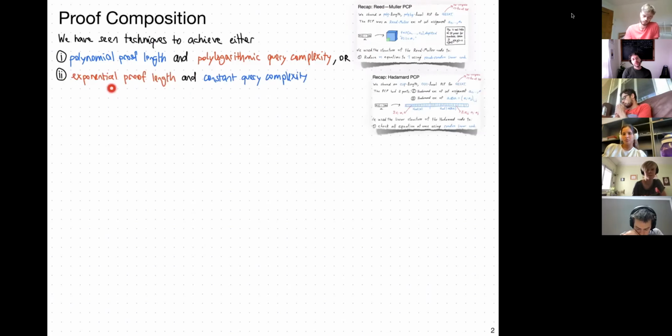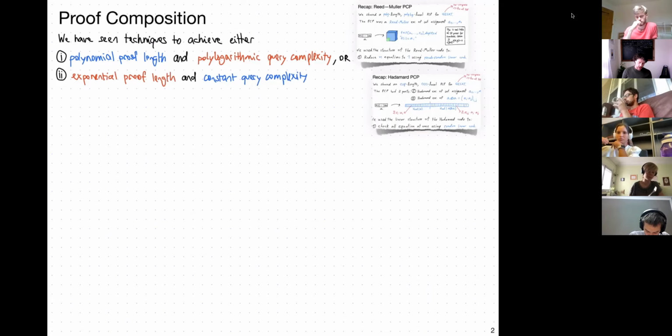PCPs with huge proof length, with exponential proof lengths and constant query complexity. So this was, if you remember, the Hadamard PCP, when we took this linear encoding of the function, and we used it to encode the assignment and also the tensor of the assignment, and we got these two things.